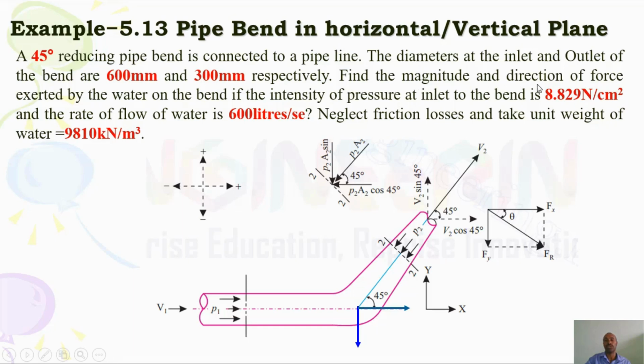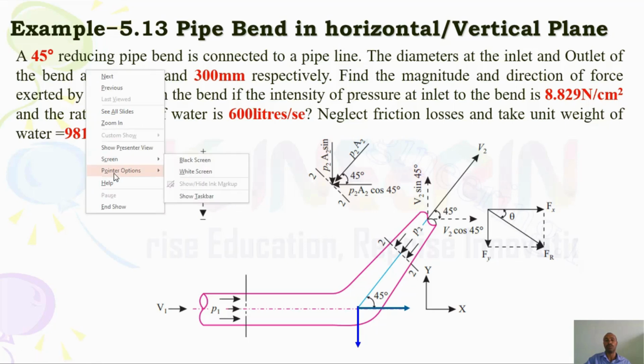Find the magnitude and direction of the force exerted by water on the bend, if the intensity of pressure at inlet to the bend is 8.829 Newton per centimeter square and the rate of flow of water is 600 liters per second. Neglect friction losses and take the unit weight of water.